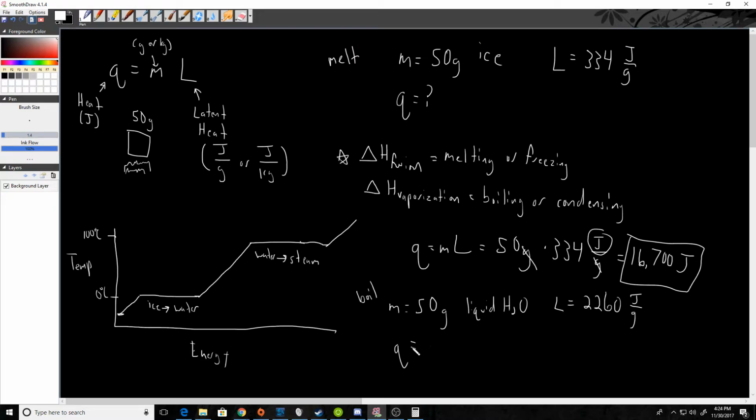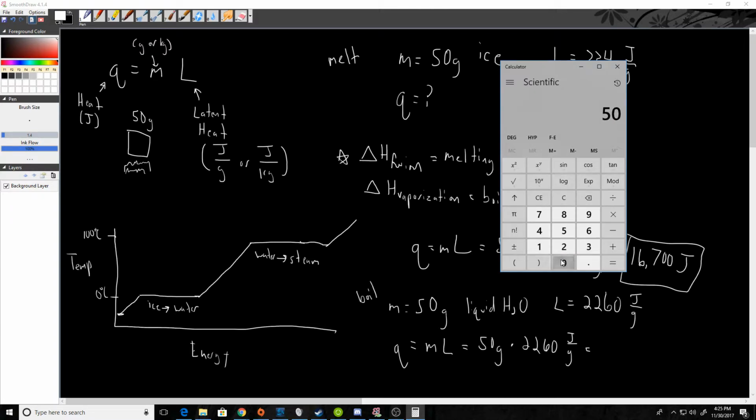Q, the heat energy, is still equal to mass times latent heat. My mass is 50 grams, and the latent heat of water we found to be 2,260 joules per gram. So we just take those numbers times each other.